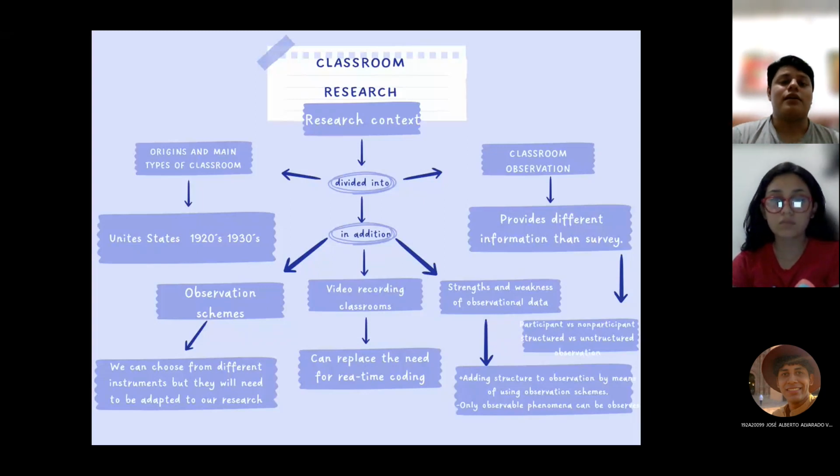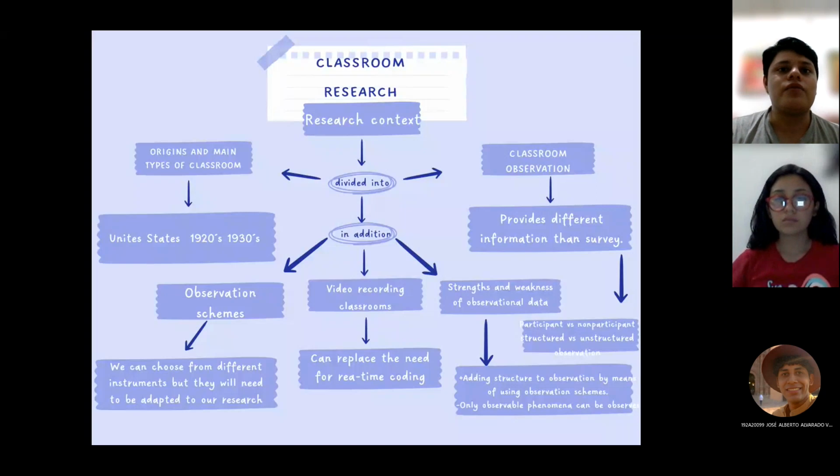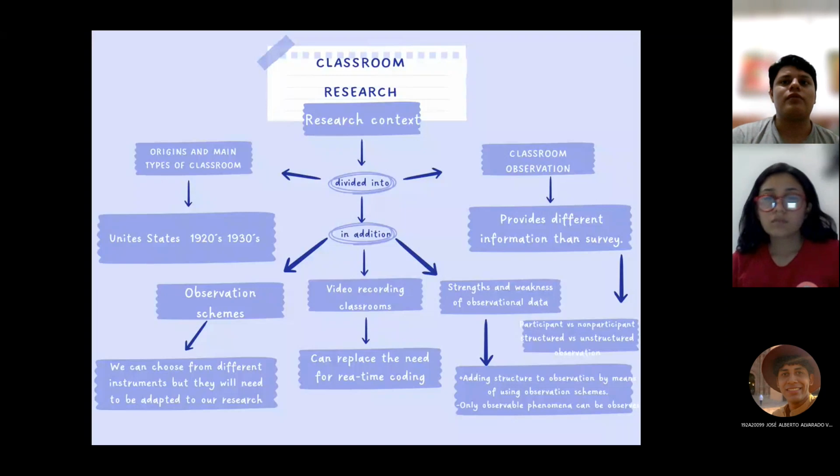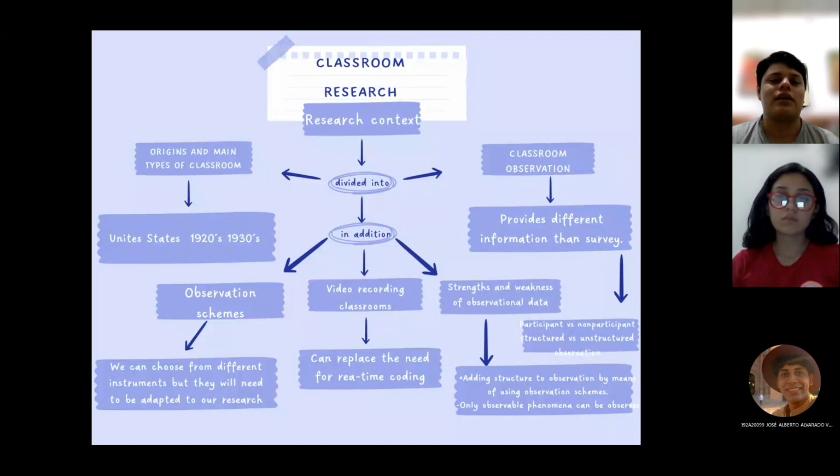Okay. And the last part is strengths and weaknesses of observational data. The strength is adding structure to observation by means of using observation schemes. This makes the process more reliable and produces results that are comparable across classrooms over time.